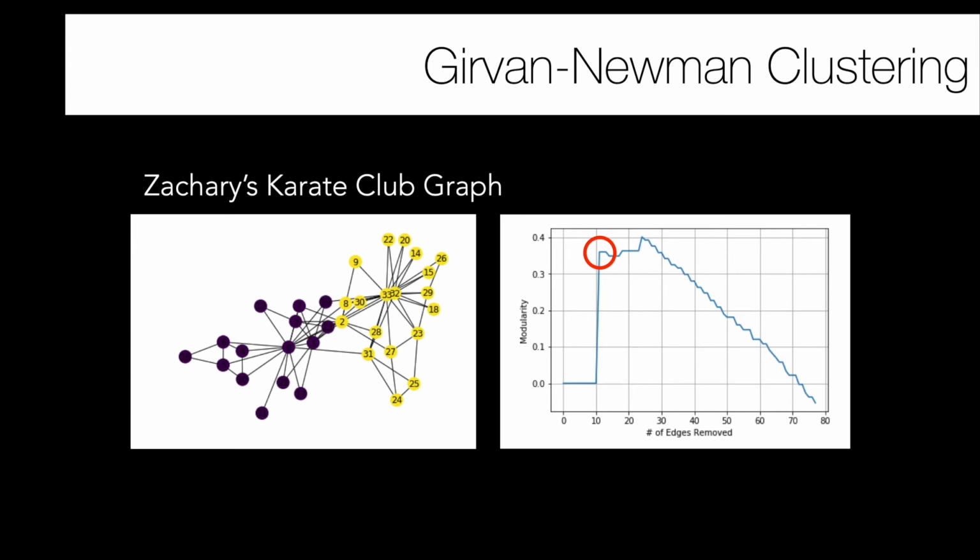But if we keep removing these edges, then we see some secondary peak here after about 25 or so edges. And then after that, we see a gradual degradation of modularity for the rest of the edges that we remove. So we can make some claim or estimation that removing the top 25 highest betweenness centrality edges gives us a good set of clusters for this particular graph.